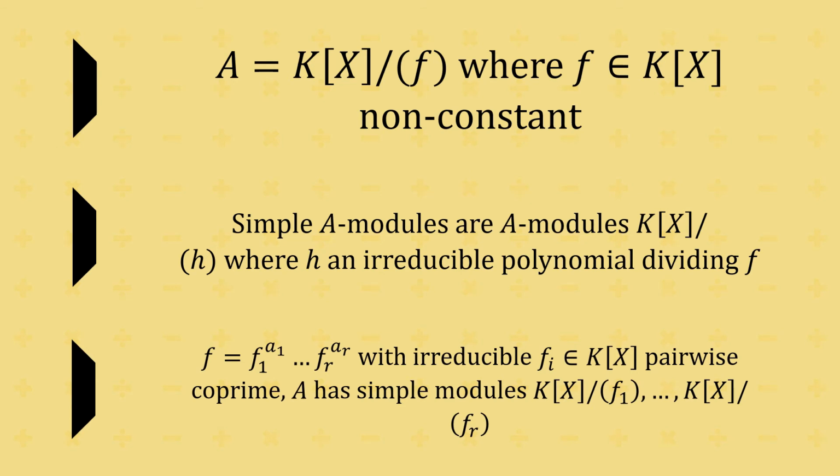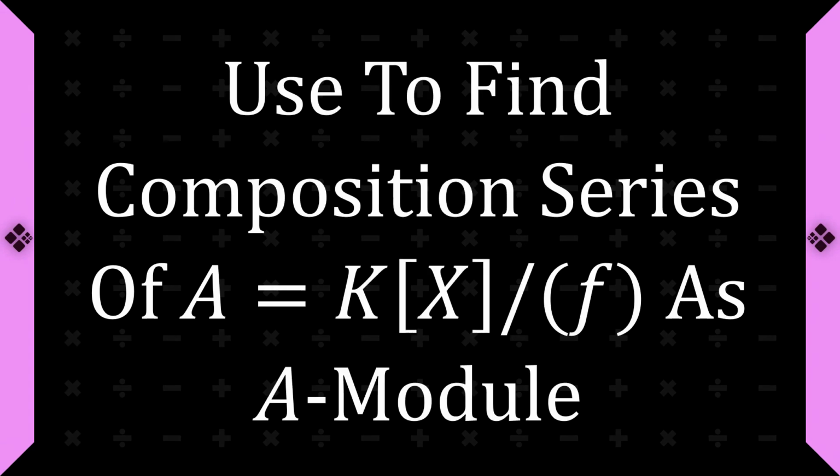Second, writing f as a product of irreducible polynomials, which are pairwise coprime, we get that A has precisely r simple modules up to isomorphism, namely k[x] over the ideal generated by f1 up to k[x] over the ideal generated by fr.